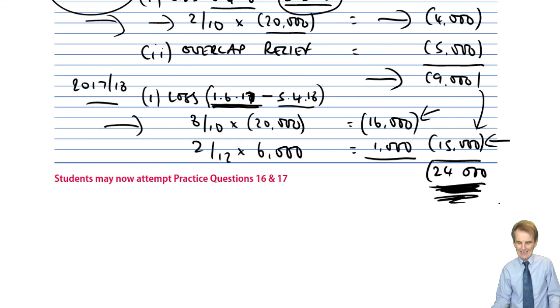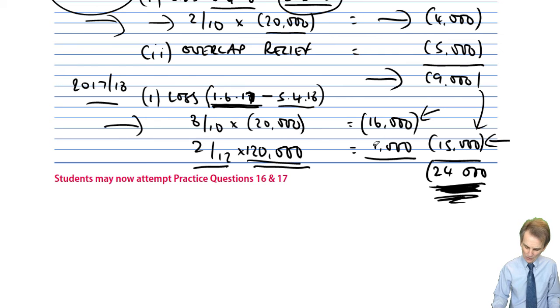Fine. It isn't likely, I think, at our level that we're going to meet a problem here with this, but the point being made. If that's 6,000 there, instead of being 6,000, would have to be a much, much bigger figure, but to give you a nice, easy number, say, a profit of 120,000. Now, if that was 120,000 profit, then 2/12 of 120,000 wouldn't give you £1,000 as we got it there.